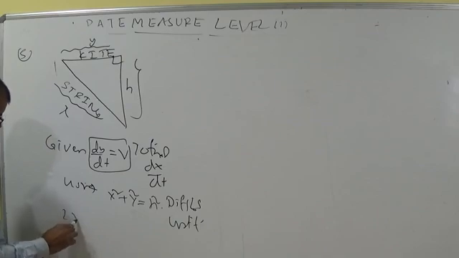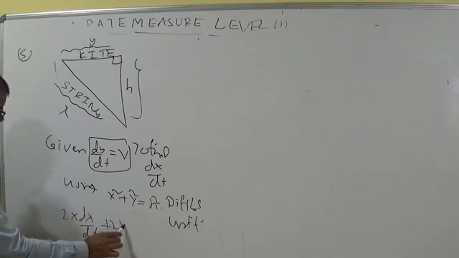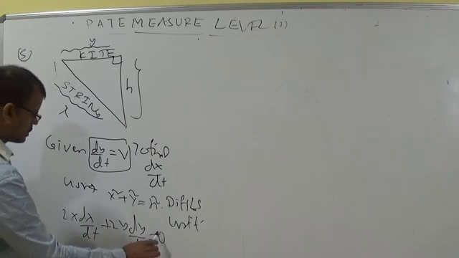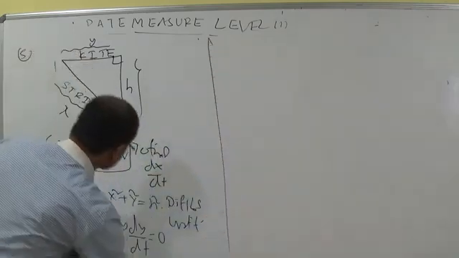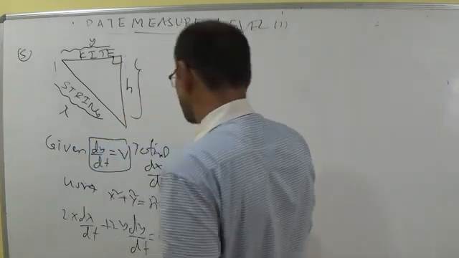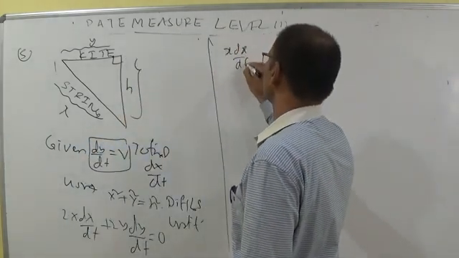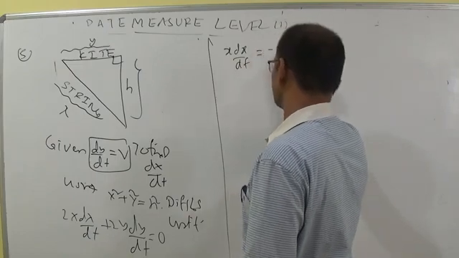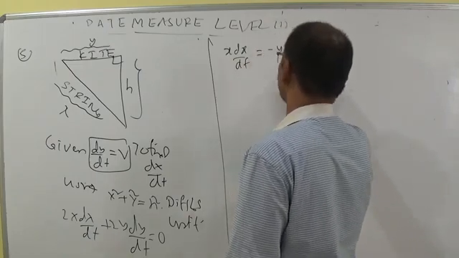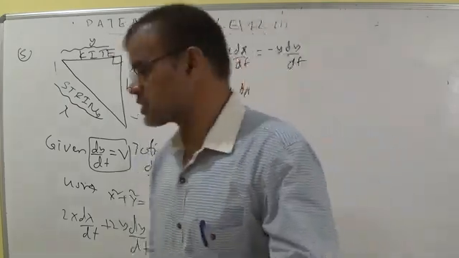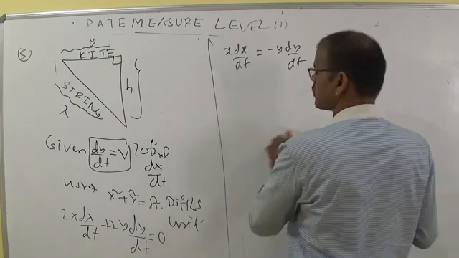So you write here 2x dx/dt plus 2y dy/dt is equal to 0. So x into dx/dt is equal to minus y into dy/dt.